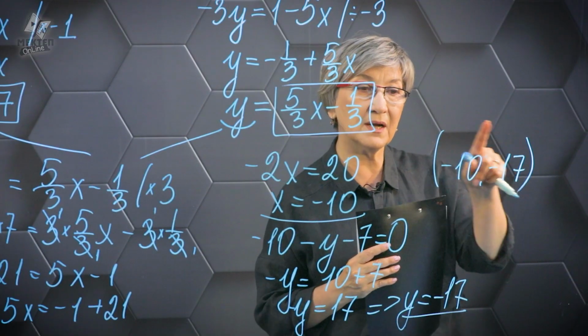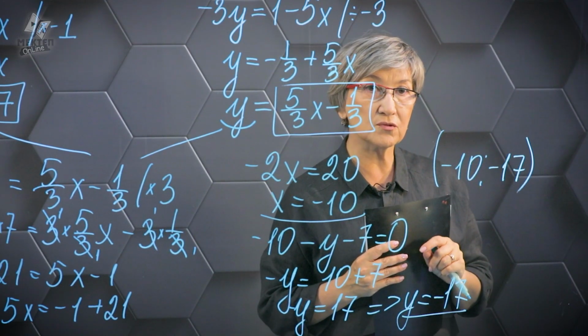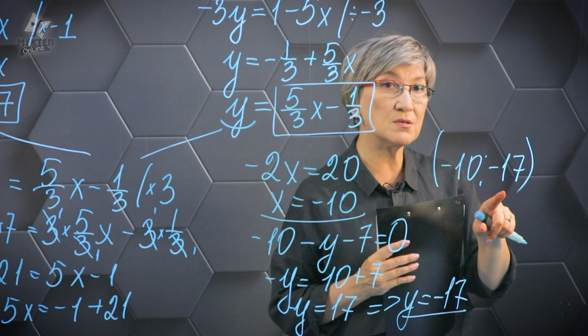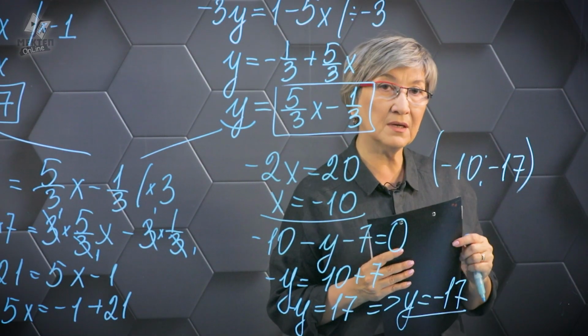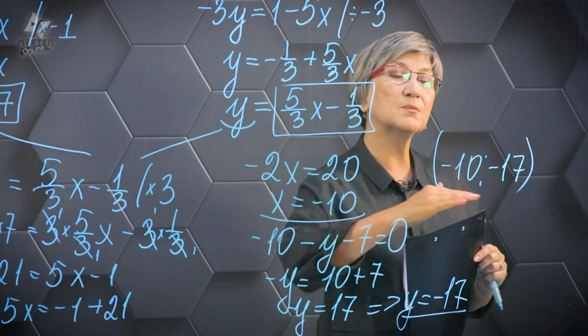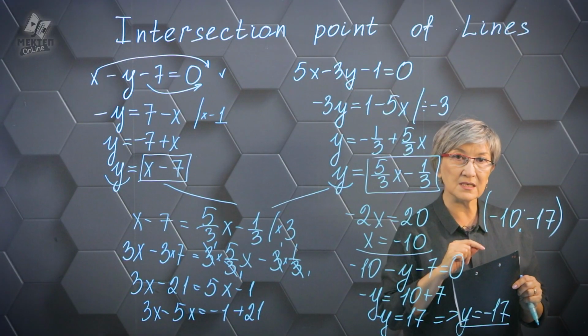Now pay attention to the coordinates of the intersection point of the two function graphs. This point has coordinates of minus 10 and minus 17. If we were to draw the graphs of these functions, we would definitely discover this intersection point at those coordinates.